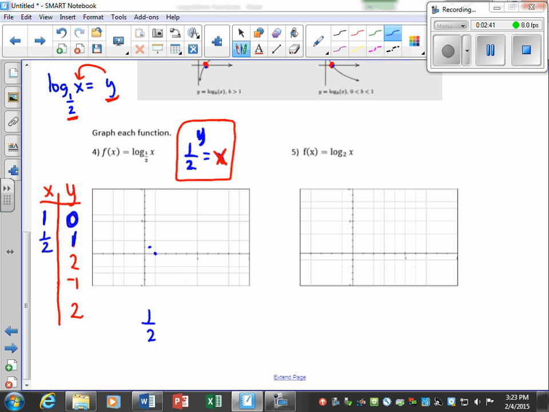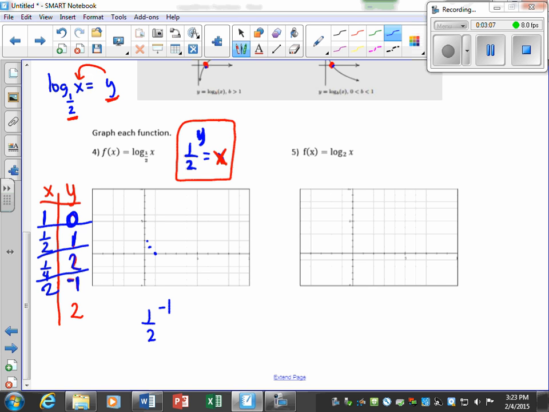If I had 1/2 to the second power, you put that in your calculator and you would get 1/4, or the decimal 0.25. So (1/4, 2). You can see you get smaller and smaller and smaller. If I put 1/2 and raise it to the -1 power, then my answer is 2.